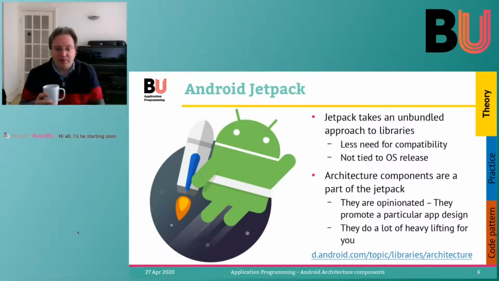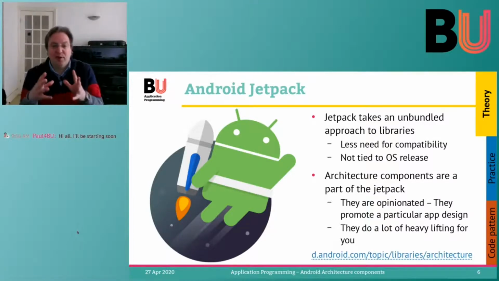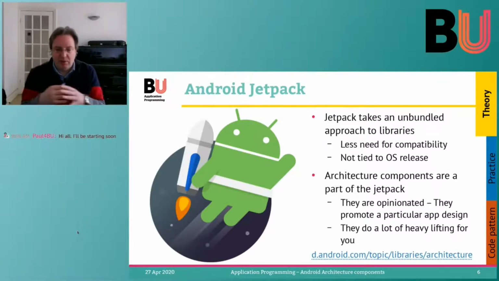This is a good way of doing it. And that is what the architecture components basically are. So they are part of the Jetpack, and they provide components that can help you with the design or architecture of your application.